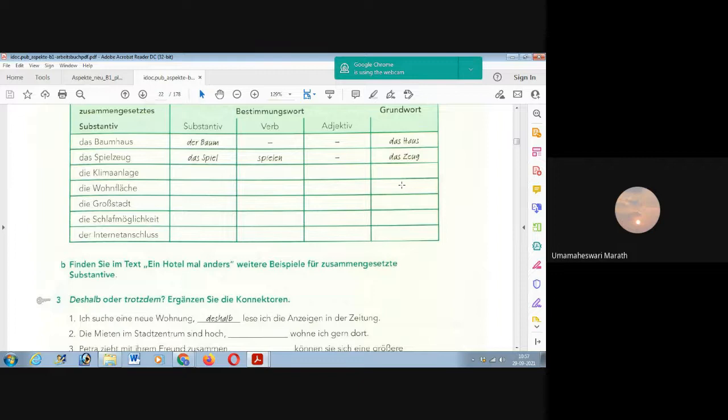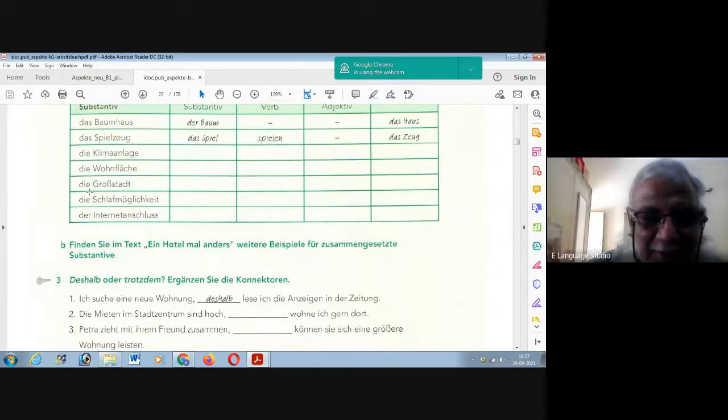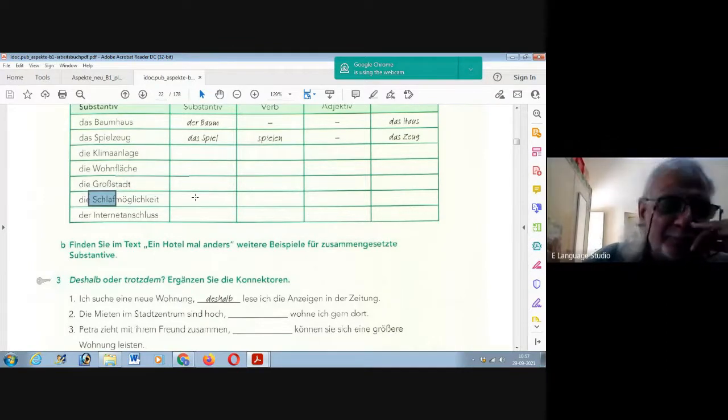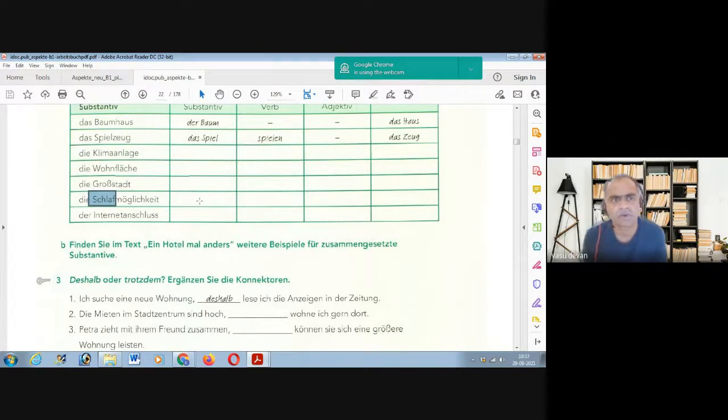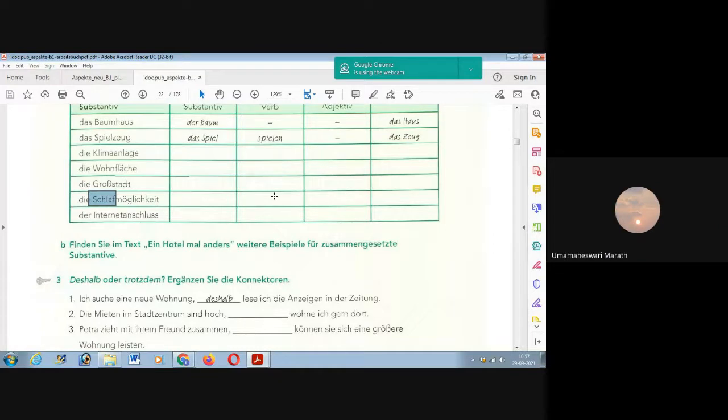Möglichkeit. Article, bitte. Der Schlaf. When a word ends with keit, it is always feminine.